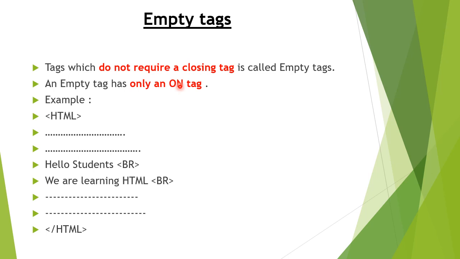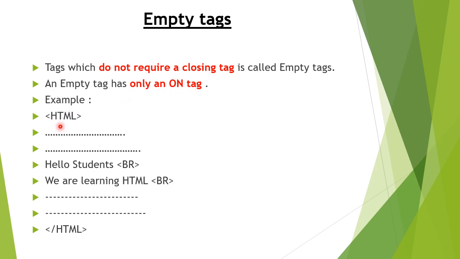Now the empty tags. What are empty tags? Tags which do not require a closing tag is called empty tag. An empty tag has only an on tag. Container tag has both tag, on tag as well as off tag, but empty tag has only on tag, no off tag. Fine.